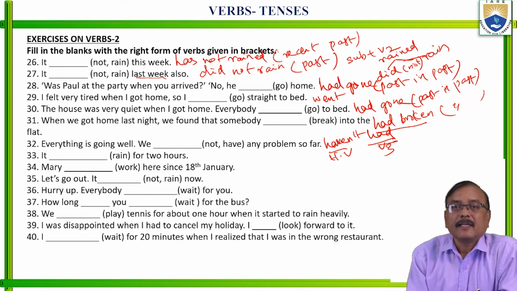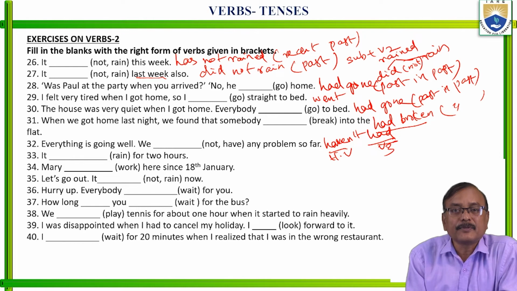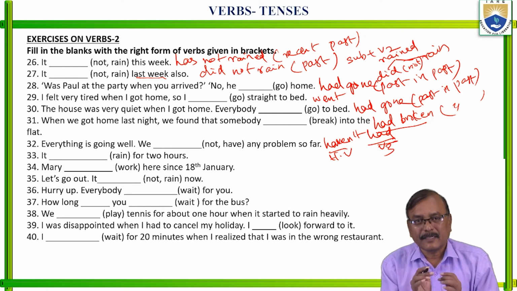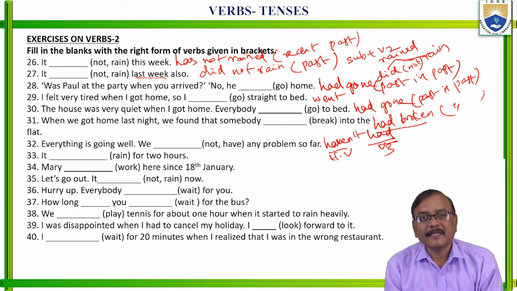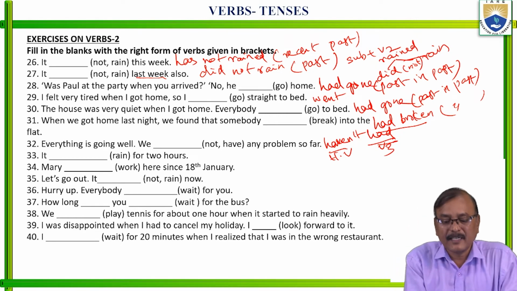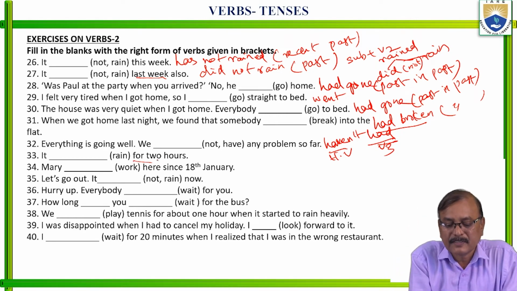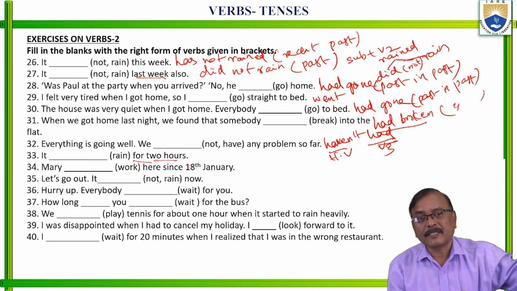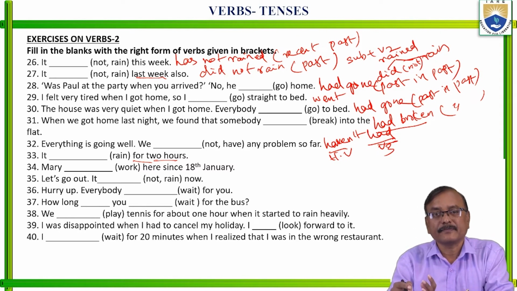Now, it dash rain for 2 hours. Is it continuing now? Yes, it is continuing. It is raining. But what is the extra hint you have? For 2 hours. For plus time. Means it started 2 hours ago. Now also it is continuing.